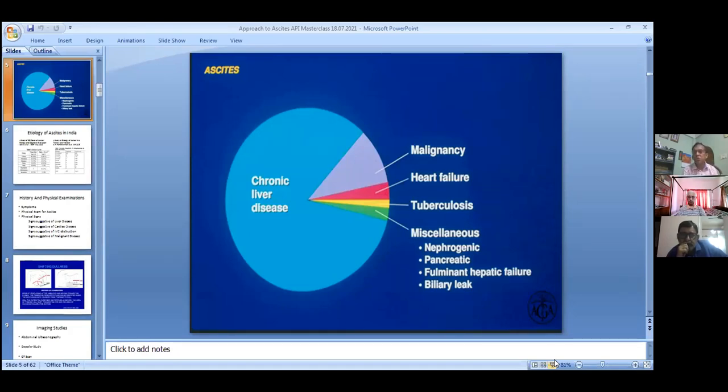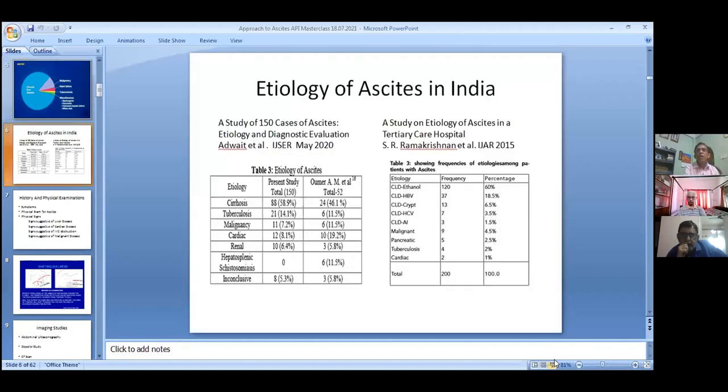tuberculosis is only 2%. But in our country, there is some data, one study from the West and another from the South. This is only tertiary hospital data: about 14% is TB, about 58 to 60% is cirrhosis, and the other causes are cardiac and renal, and malignancy is in the tune of 10 to 11%.